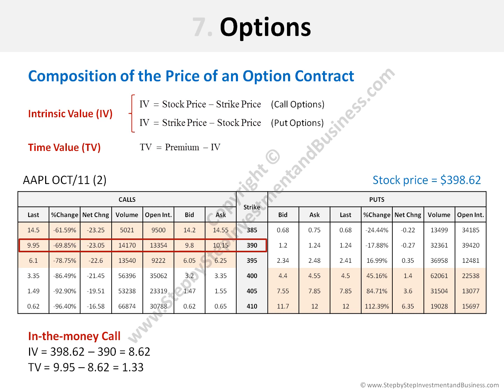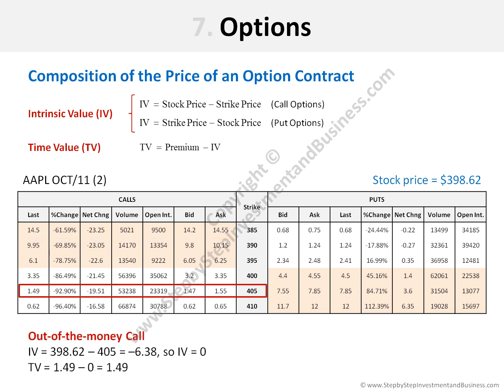So, the time value is 1.33. This means that the call option with a strike price of $390, whose premium is $9.95, has a component of $8.62 of intrinsic value and a component of $1.33 of time value.